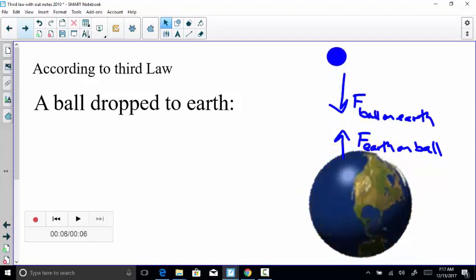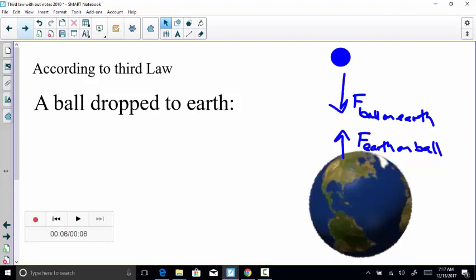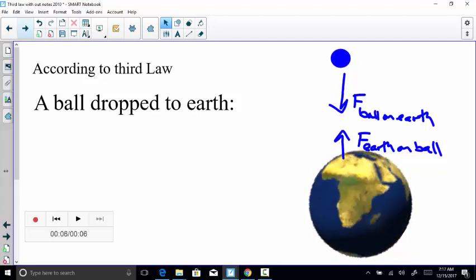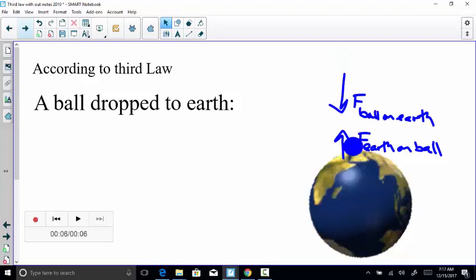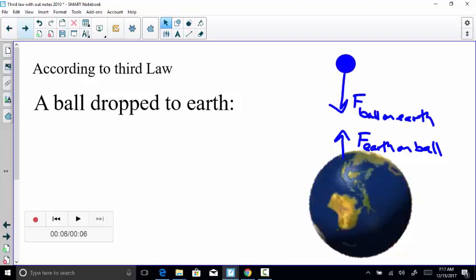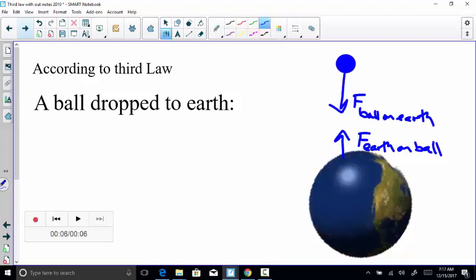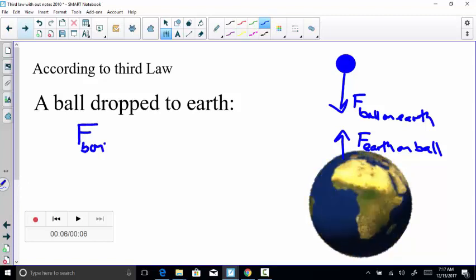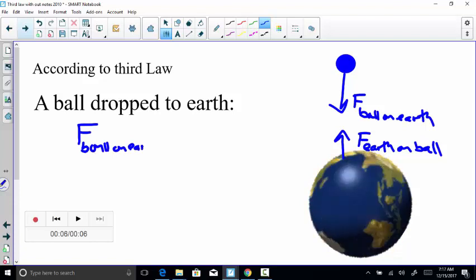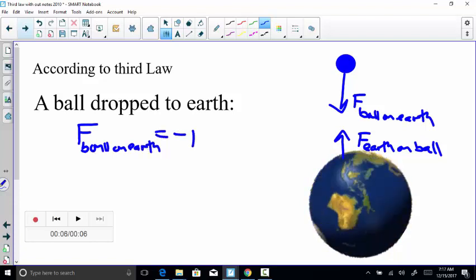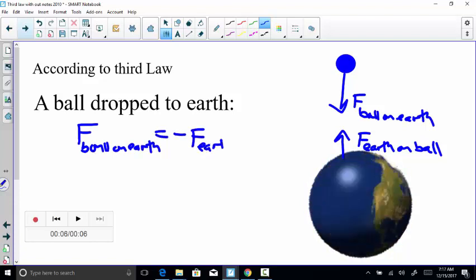Well, we know from all of our experiences that that doesn't happen. We know that the ball just goes and bounces on the Earth's surface. Okay? So again, they are equal and opposite. So the force of the ball on Earth does equal minus the force of the Earth on the ball.